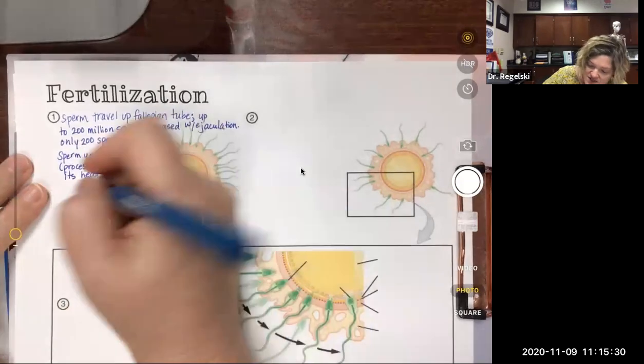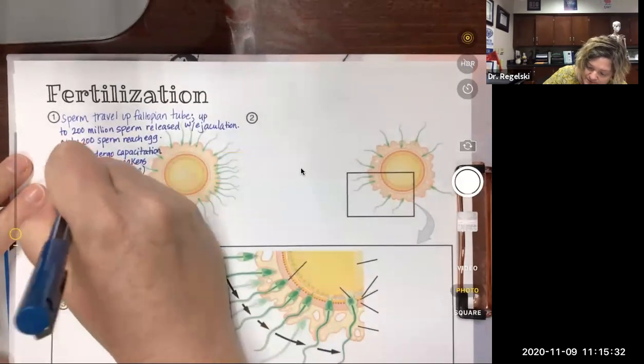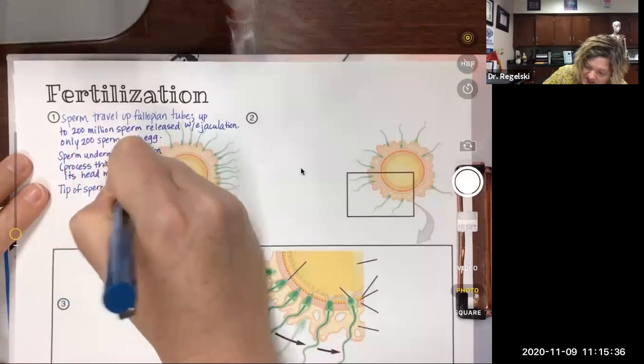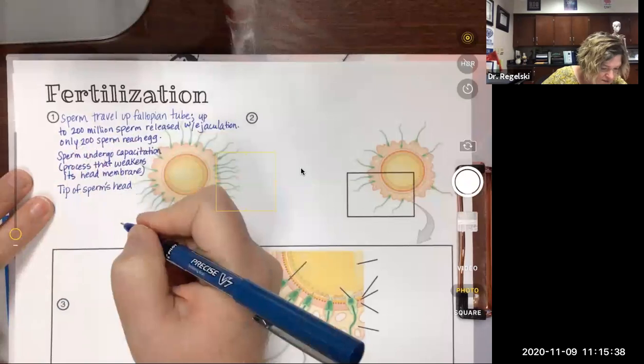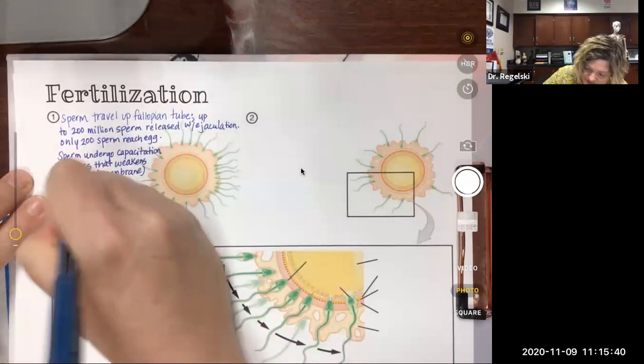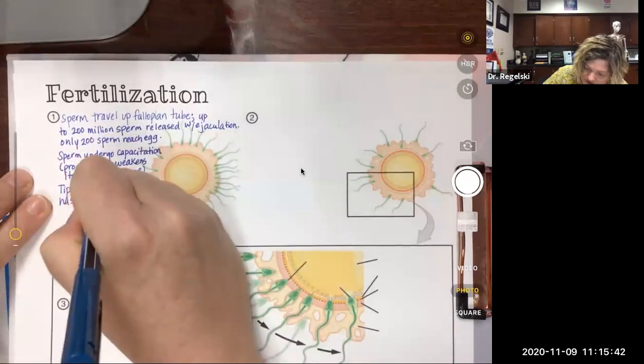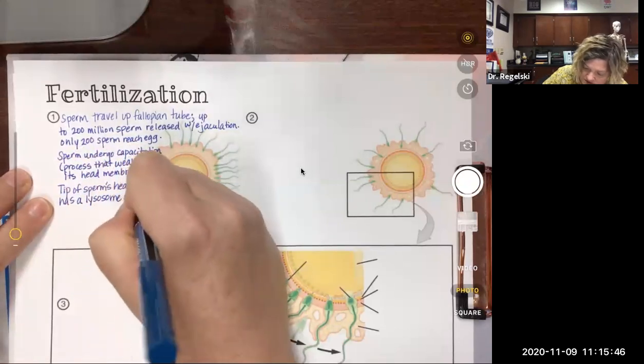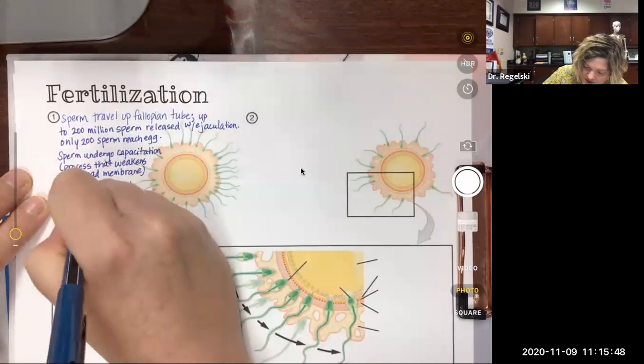Okay, and so the tip of the sperm's head has a lysosome, which is called an acrosome.